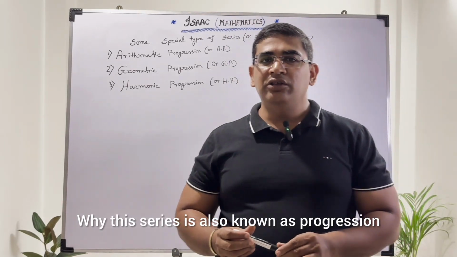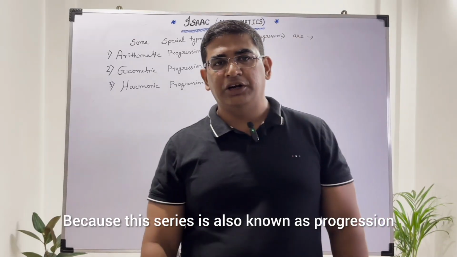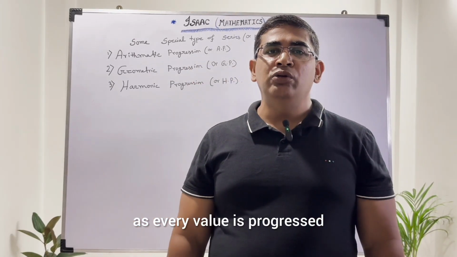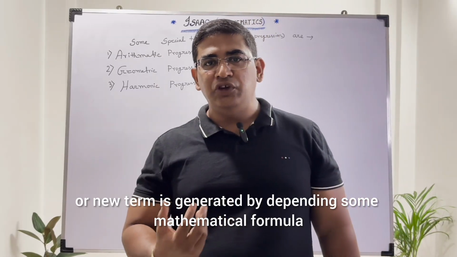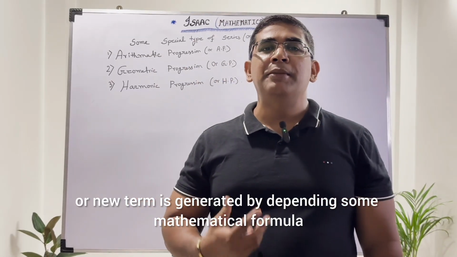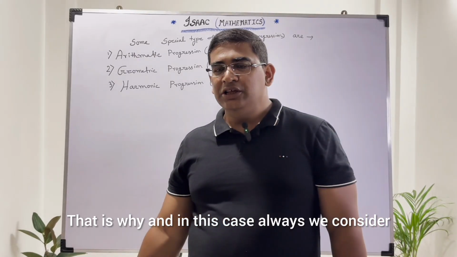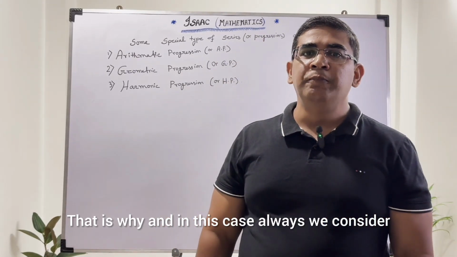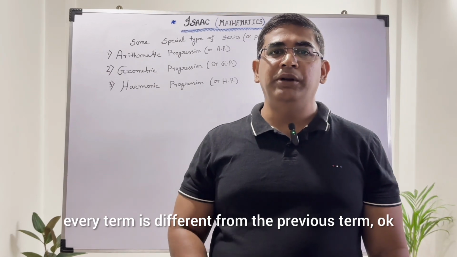Why is this series also known as progression? Because every value is progressed. That means a new value or new term is generated depending on some mathematical formula. Okay, that is why, and in this case we always consider every term is different from the previous term.